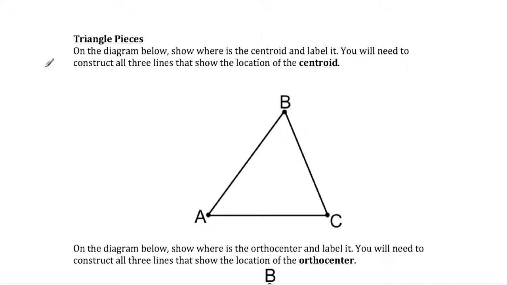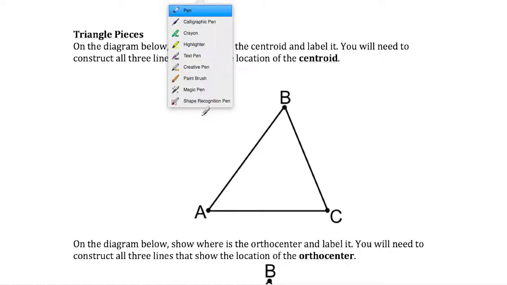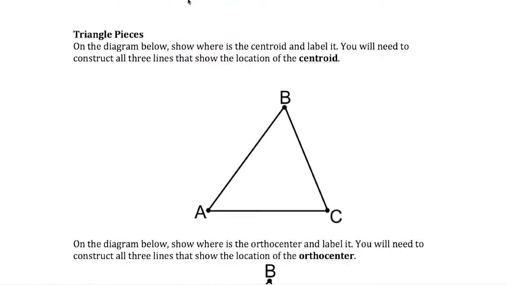All right, centroid is the intersection of the medians. So what we want to do to draw this is to find the medians. So I'm going to use my tools.